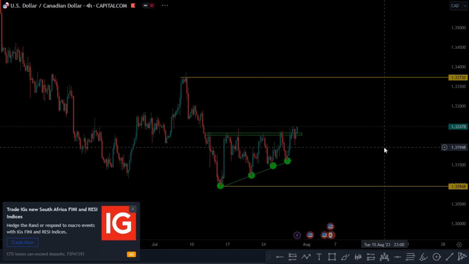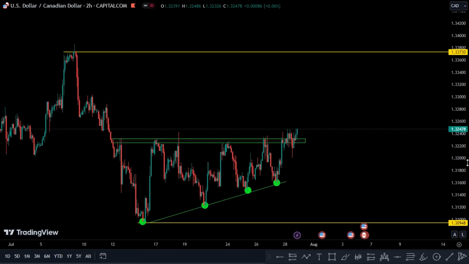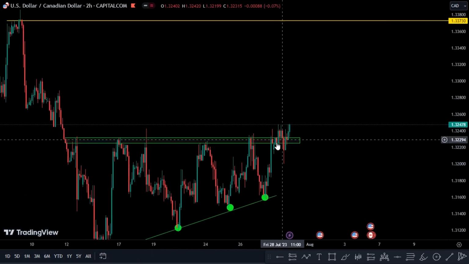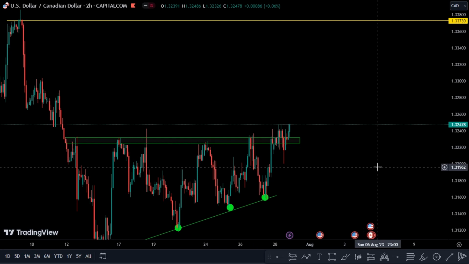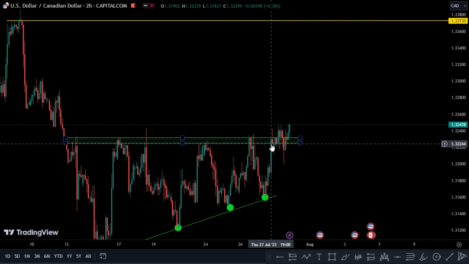Okay, then let's switch to the 2-hour time frame and see what more price action the market is giving us. Okay, so we can clearly see that this market had a huge momentum towards this structure, which is associated with the market that is potentially going to break that zone, hence why you wouldn't want to execute a sell after seeing such a candlestick.